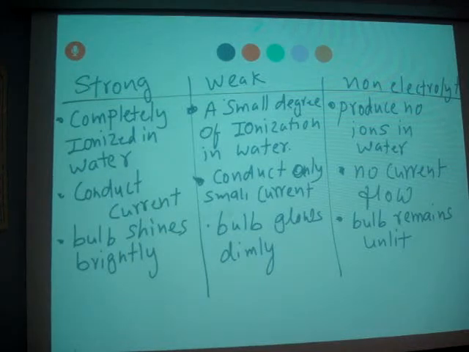So that's strong, weak, and non-electrolytes.